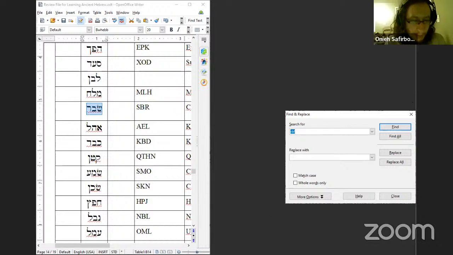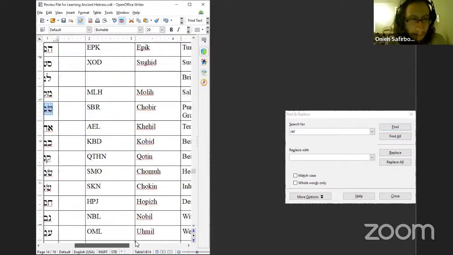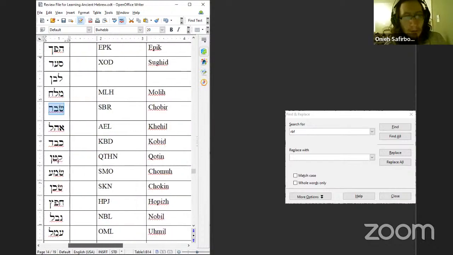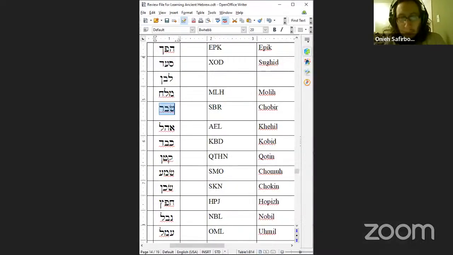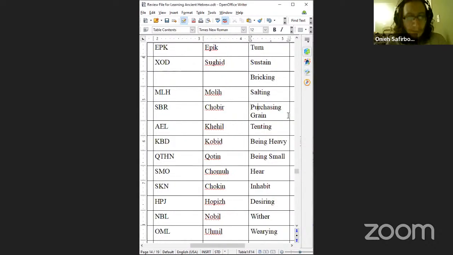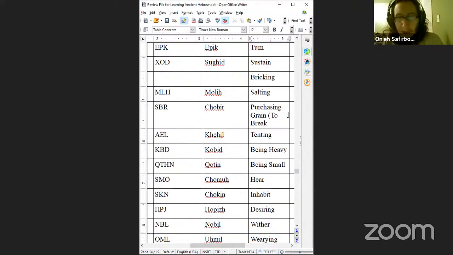Okay, we did this one already. Chopper, purchasing grain. To break into pieces. That's a different word. So we'll put a question mark for now because they are very different ideas.